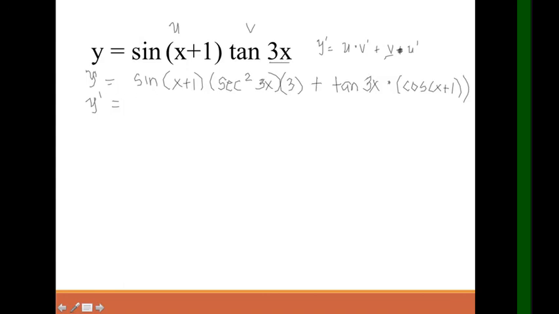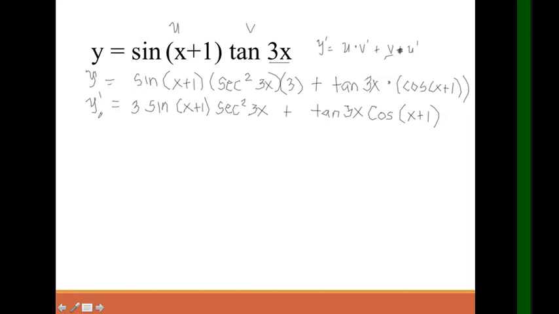So, yung 3 mauuna. So, that's 3 sine x plus 1, right? Then, secant squared 3x plus tangent 3x cosine x plus 1.